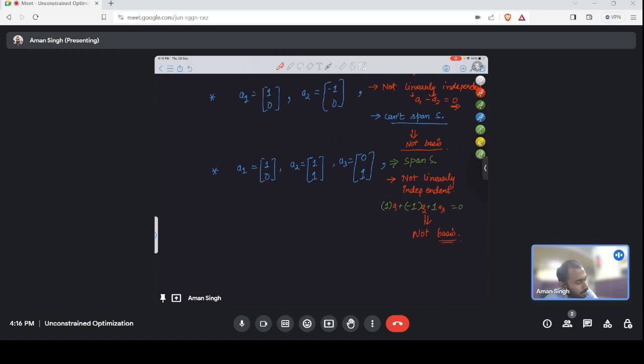Similarly, let's say P1 is equal to 1 0 0 and P2 is equal to 1 1 0. They are linearly independent.